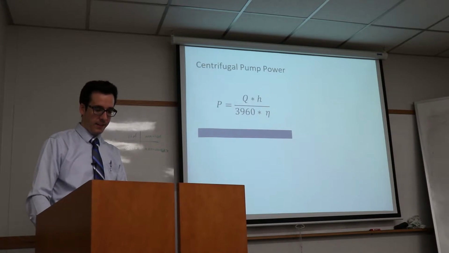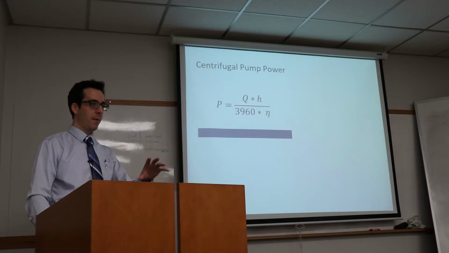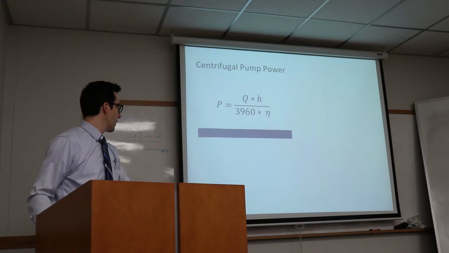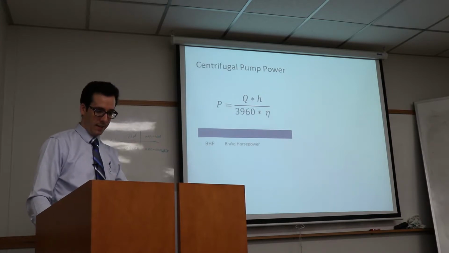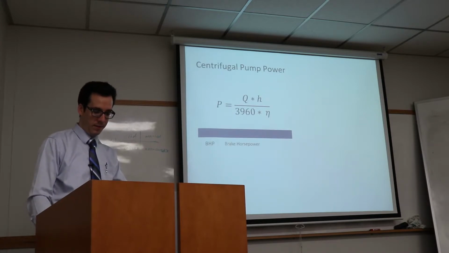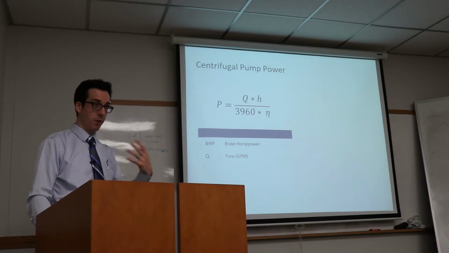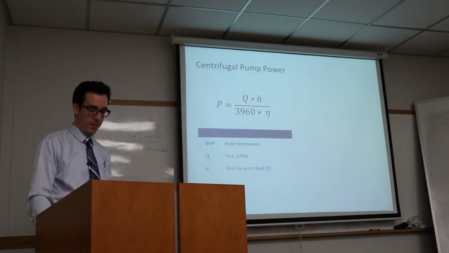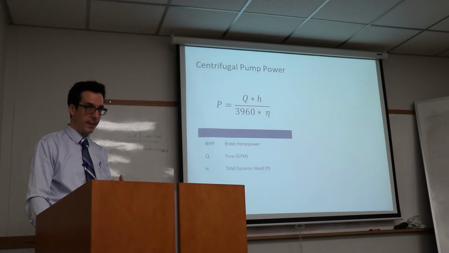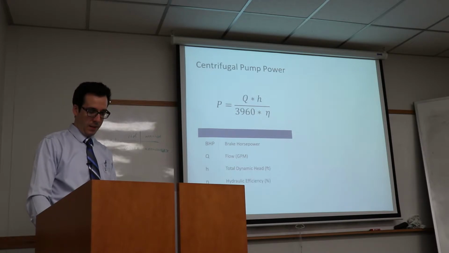We can derive this from basic thermodynamics, but we've simplified it here. So P is the brake horsepower, or bhp, and that is a function of the flow rate times the total dynamic head, again using gallons per minute and feet for these units, divided by 3960 times the efficiency.